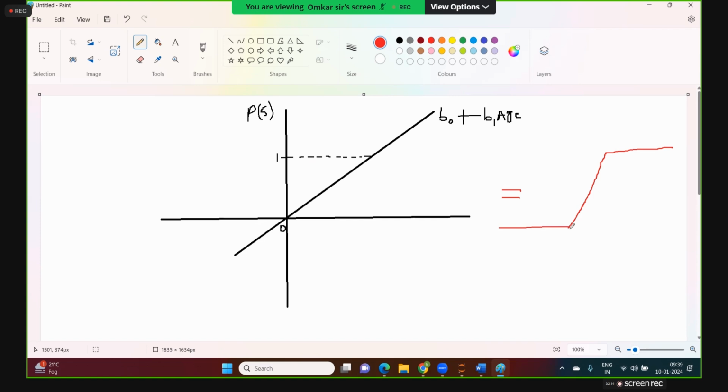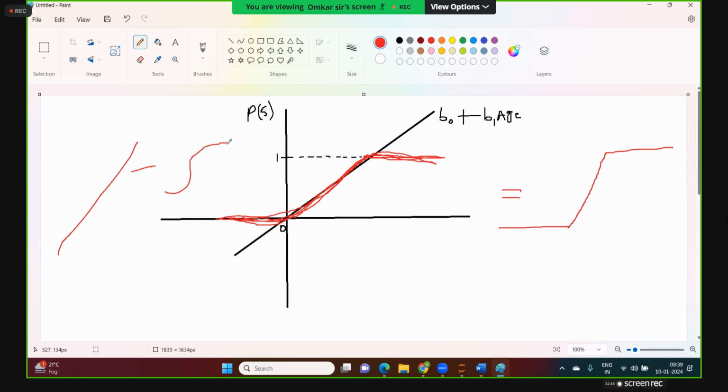The line is now converted into an S type. The straight line is cut into two parts: this part goes up to here, and this part stops here. Now what does it look like? What is the mathematical equation?